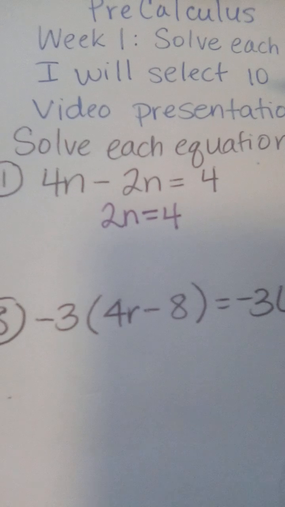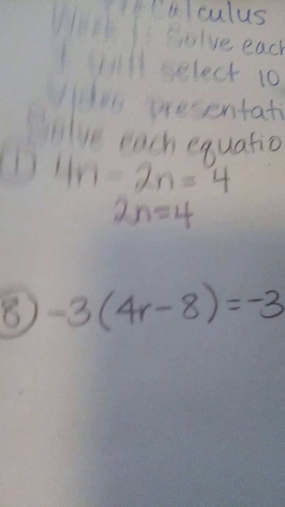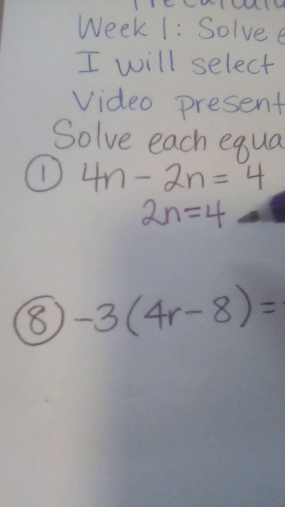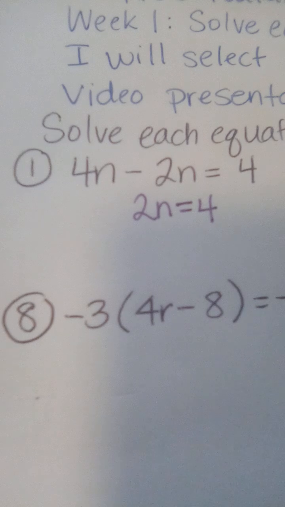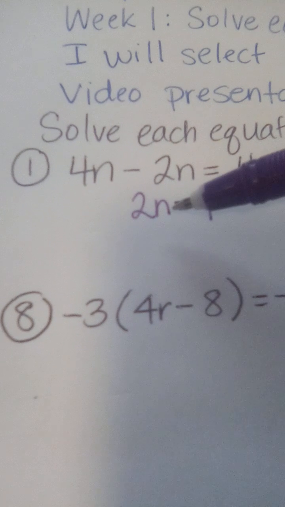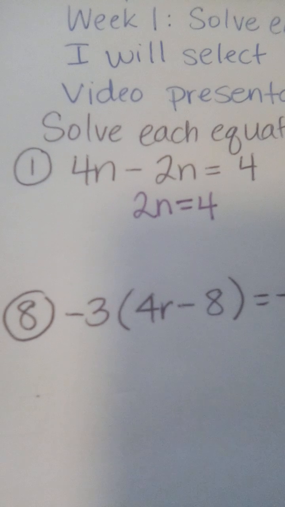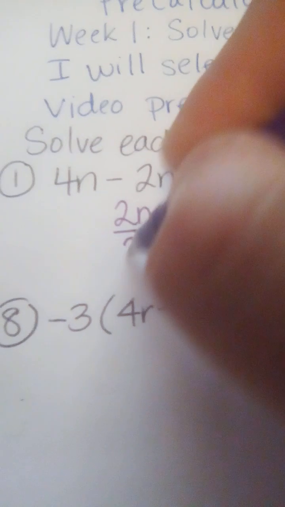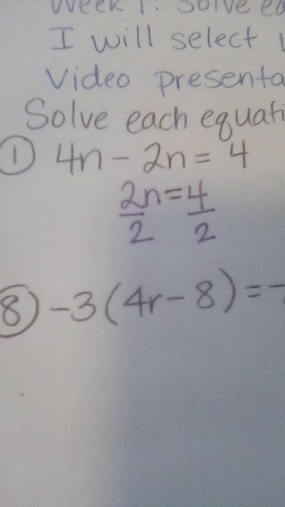All right. Then what's the next step? Divide, right? Which number? The 2 or the 4? Okay. If you said 2, you're correct. So whenever you see a number next to the variable, that's the number you divide by. In this case, we have 2. We divide 2 to both sides of the equation. 2 cancels out.